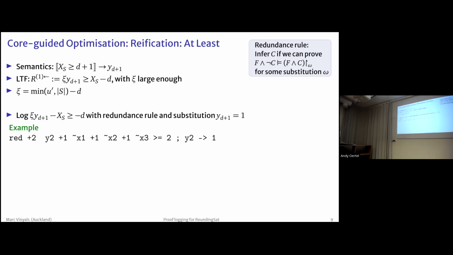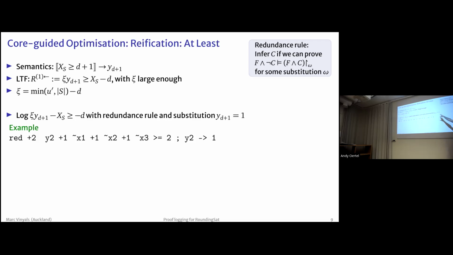And a substitution is just a mapping from variables into 0, 1 or some other literal. So you can send x1 into 0, or you can send x1 into itself, or you can send x1 into not x3.